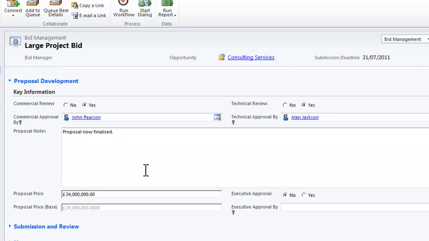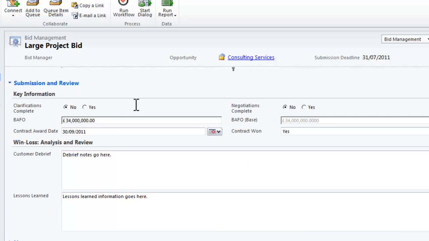Finally, as you start to evolve to the proposal phase, you can carry out your commercial reviews and your technical reviews, make some notes around that, understand what the final proposal price is, and then it may need some final executive approval as it moves along through the process. Finally, the documents are typically submitted, your tender and so forth, and that would include your best and final offer.